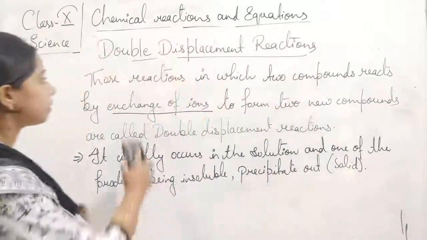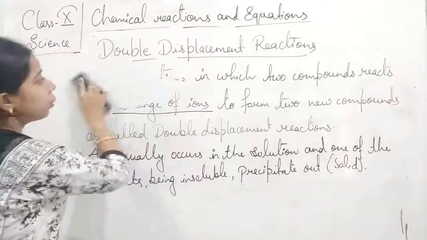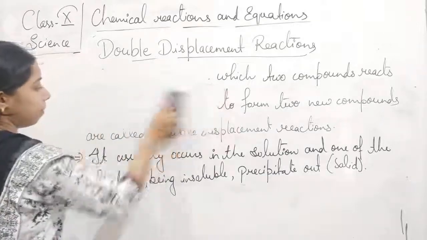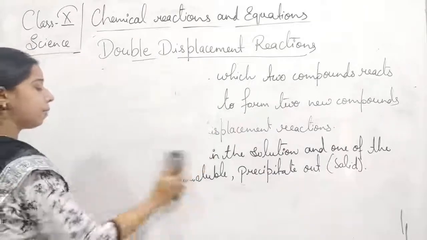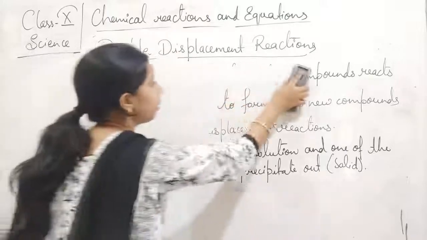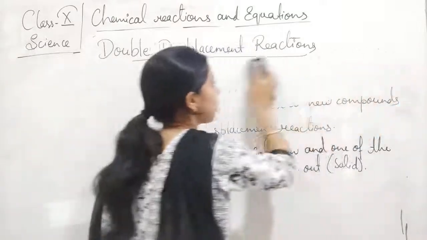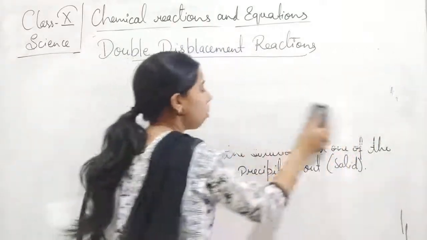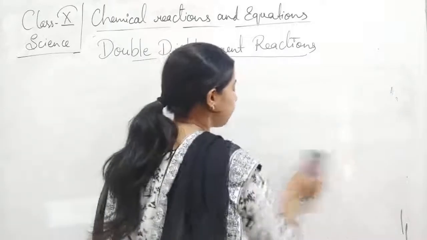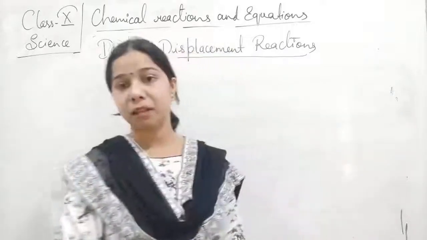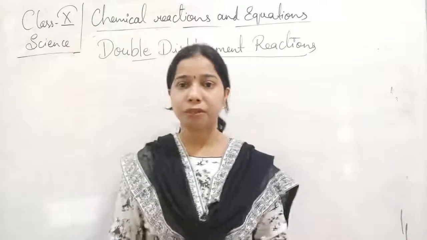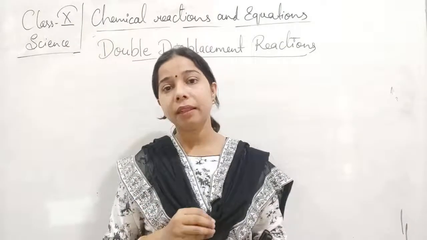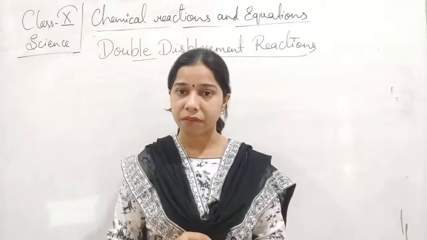Let us try to understand the double displacement reaction with the help of an example. One of the examples, students, that we have done in the experiments of class 9th also: if we take sodium sulfate salt, we make an aqueous solution of the sodium sulfate.